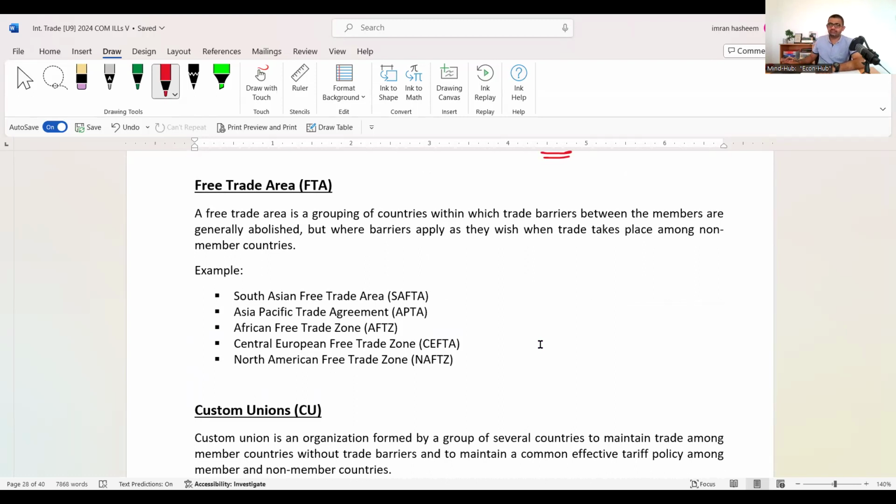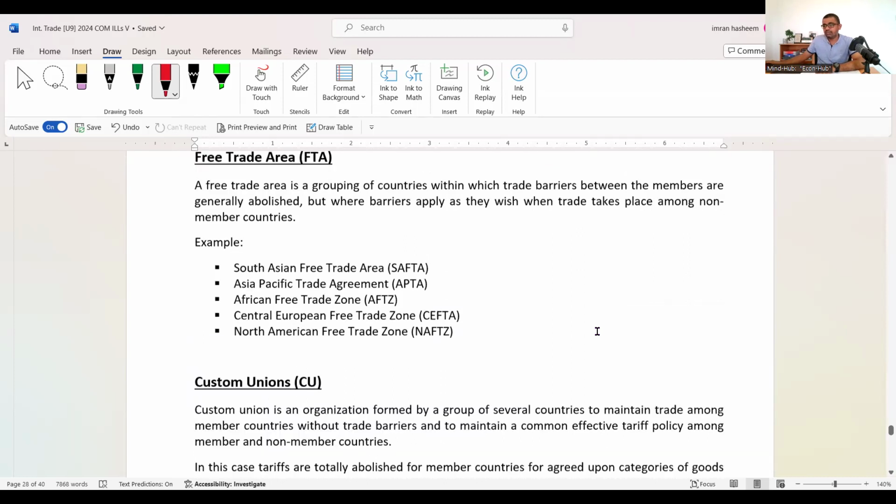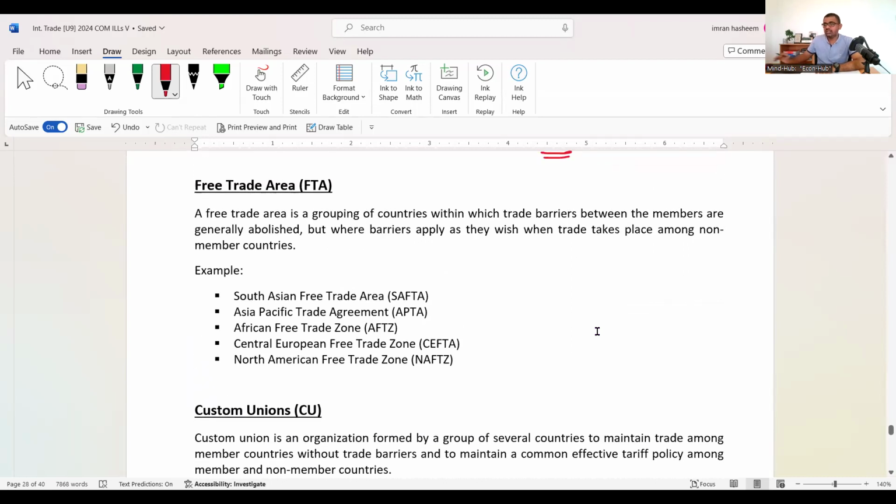We abolish them. Okay. So I've given a whole list of examples for that. South Asian Free Trade Agreement, SAFTA. Then Asia Pacific Free Trade Agreement, APTA. Then the Africa Free Trade Agreement, don't pronounce it as a word.